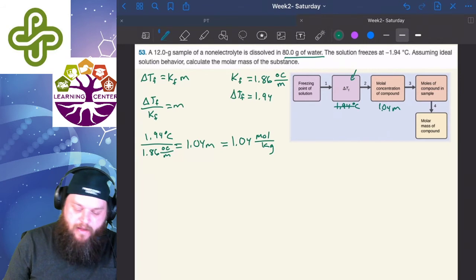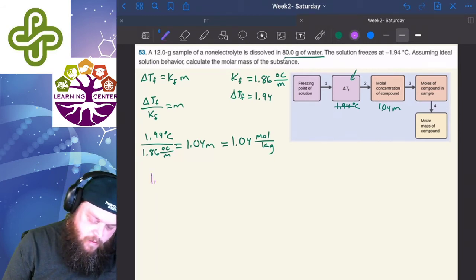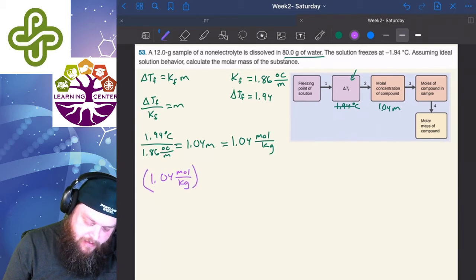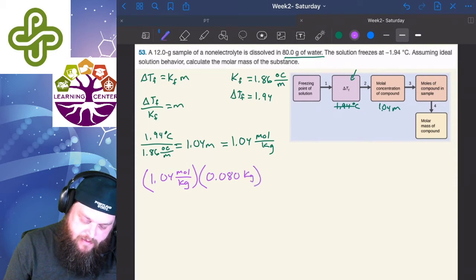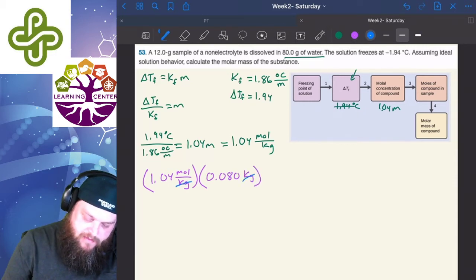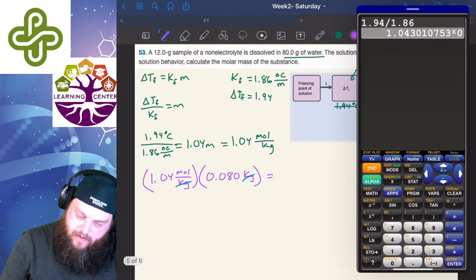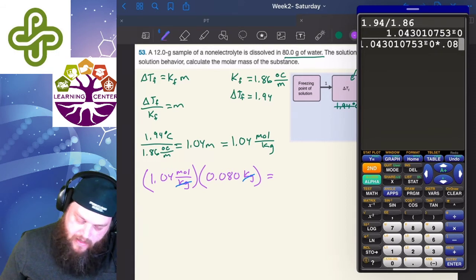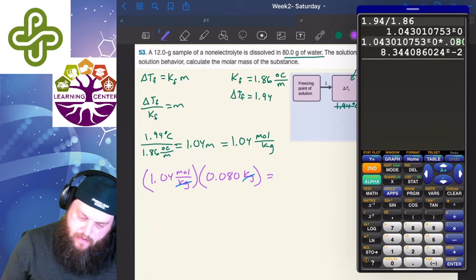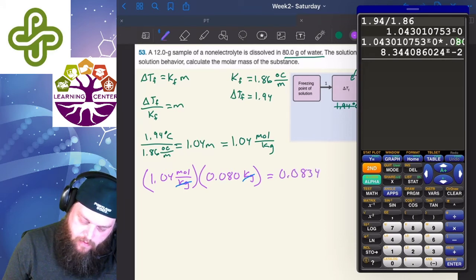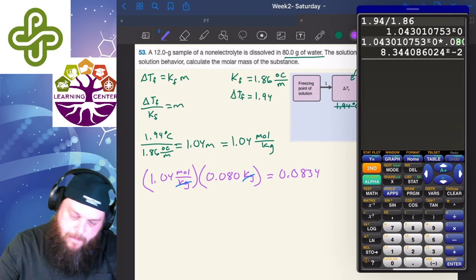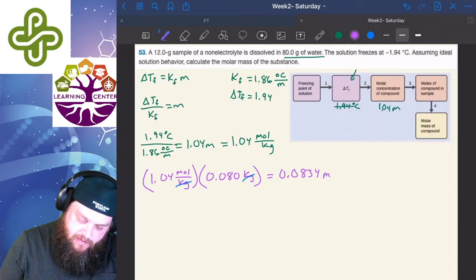If I multiply my 1.04 moles per kilogram by 0.080 kilograms, that gives me my moles. It's really 0.0834, to 3 sig figs, and that's in moles.